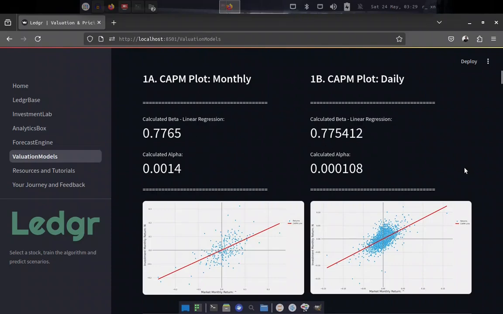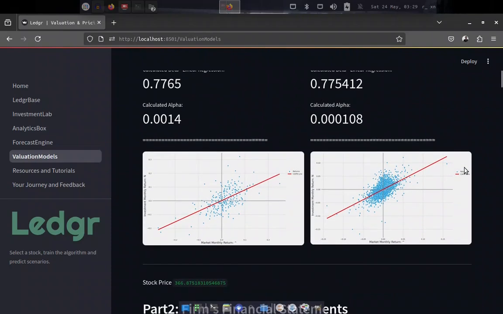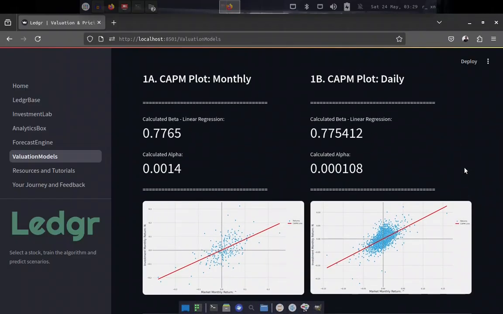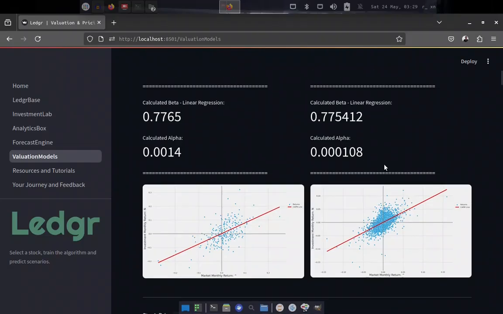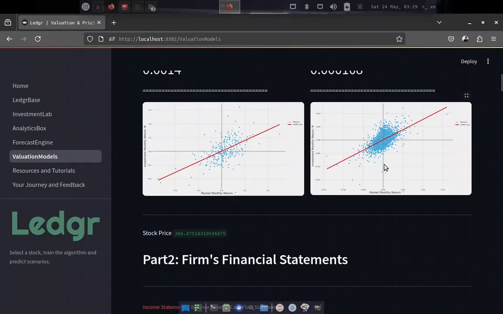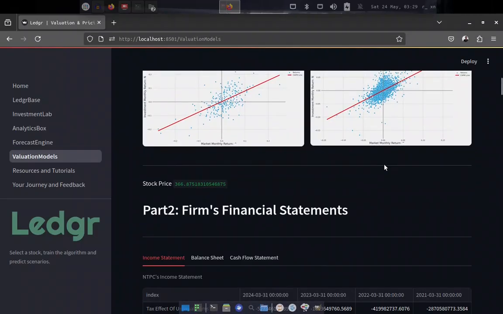From here, we get to understand how volatile the stock is, as well as whether it is a positive alpha or a negative alpha stock. That is, whether it has performed in tandem with, or gradually underperformed, the relative index.